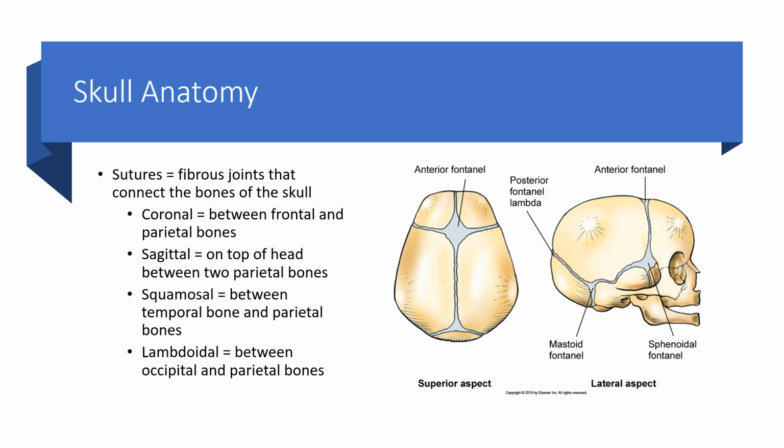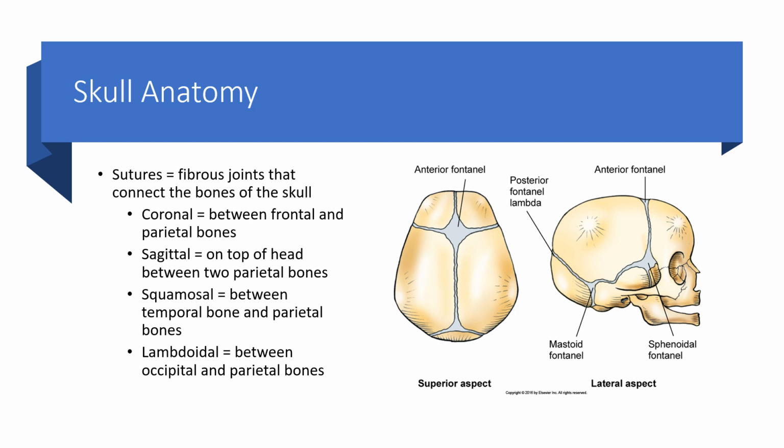And then the occipital bone forms a suture with both the parietal bones and the temporal bones. So you get a lambdoidal suture, but you also get a squamosal suture between the temporal bones, the occipital bone, and the parietal bones.